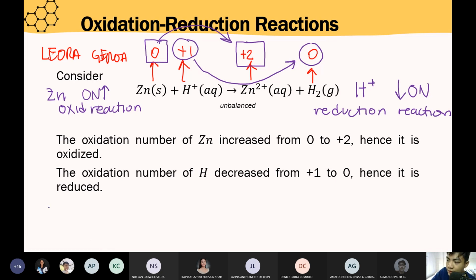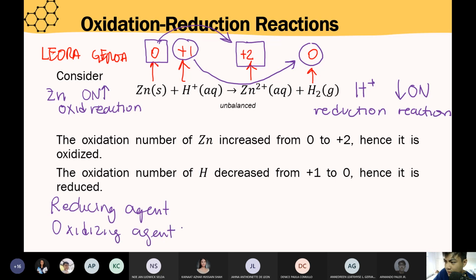Next question. What is the reducing agent? What is the oxidizing agent? Maraming ganito sa quiz. So, yeah, you really have to remember all of this. Okay, so sino yung reducing agent, sino yung oxidizing agent? Okay? So, kunwari, nasa quiz tayo. Tulungan ko kayo paano makasagot sa quiz.